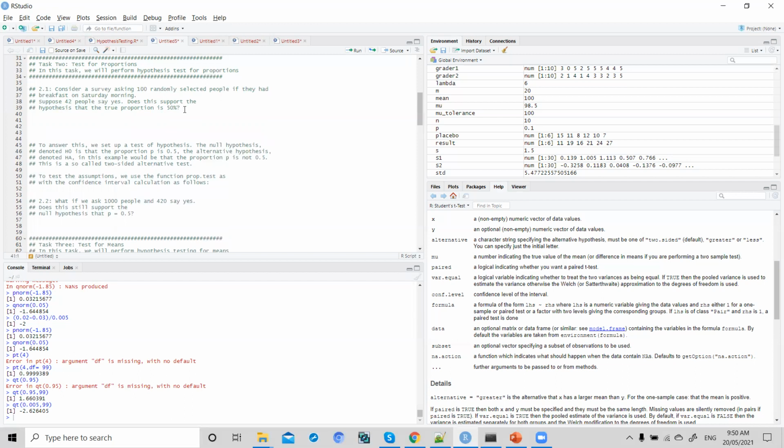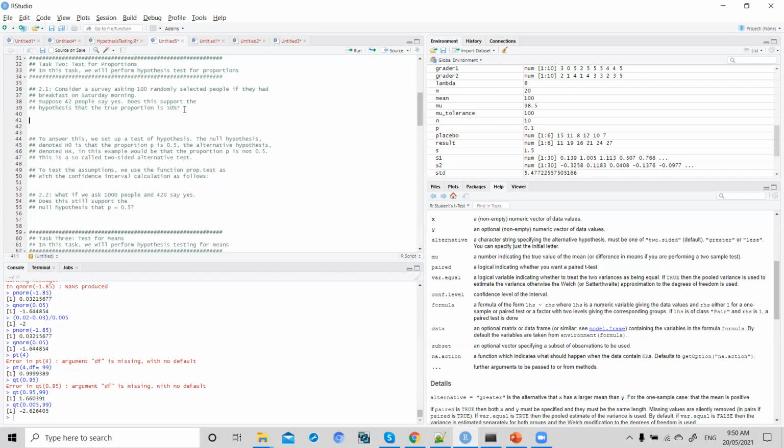Let's say we have 48%, and suppose we have 47.66 or 49.6688. If we have two numbers that are very close, and we are not sure whether one number is true or not, in that case we also do a hypothesis test.